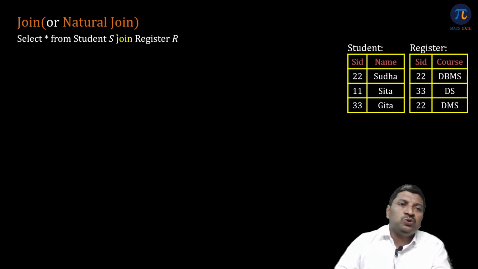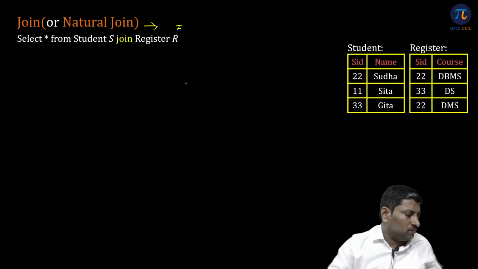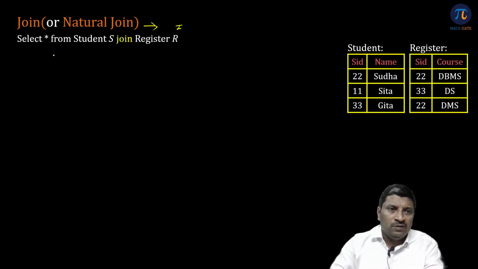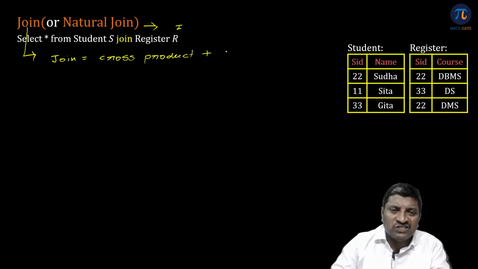Then let us go to join, natural join. Sir, in natural join, simply the condition is join equal to cross product plus extra condition.